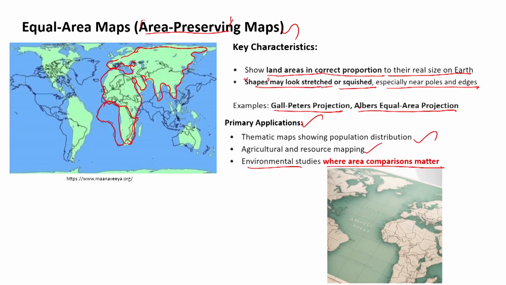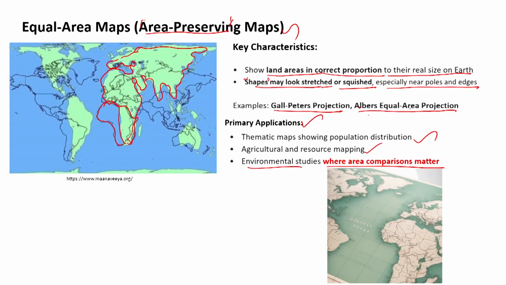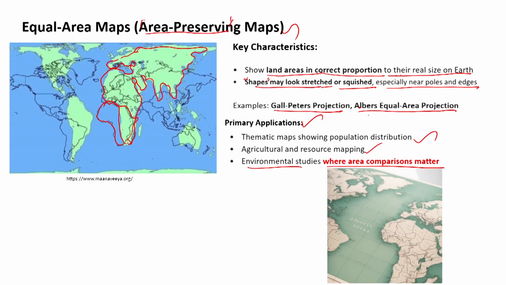If you are comparing one area with another where you do not want to lose any area, for example a cadastral map or a tax map, where even 10 square feet of land matters, you have to use an area specific projection like the Gall-Peters projection or the Albers equal area projection. Here it retained the area. Area wise there is no compromise, it matches the real earth.